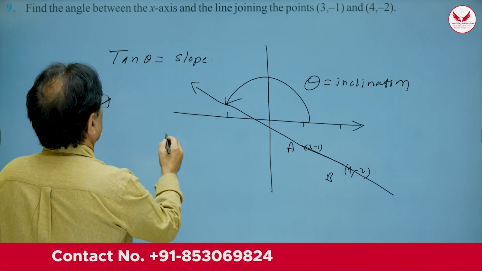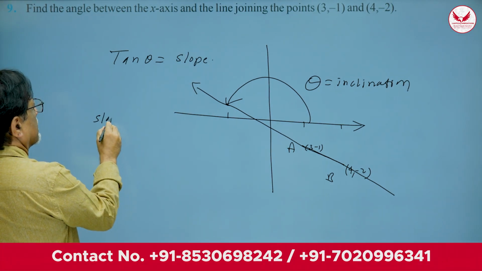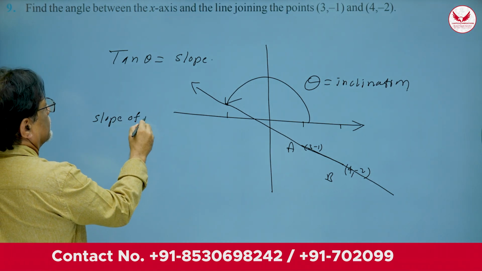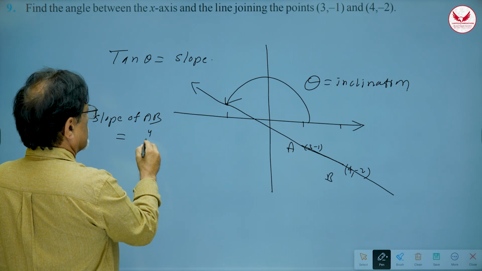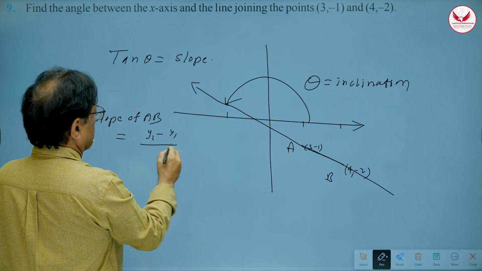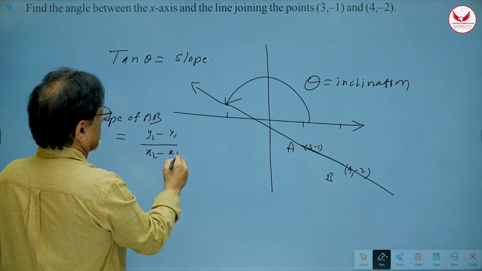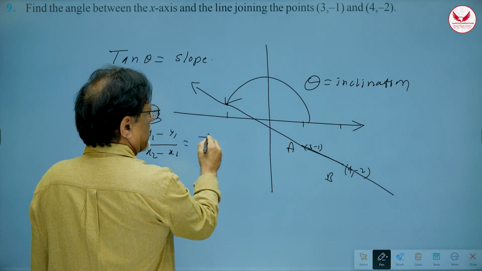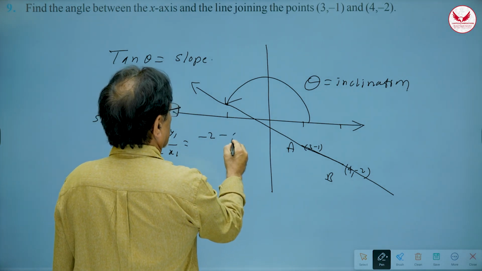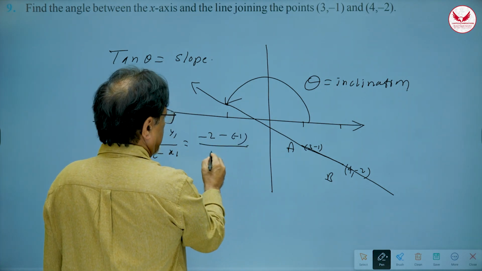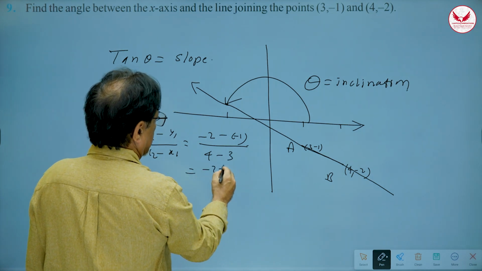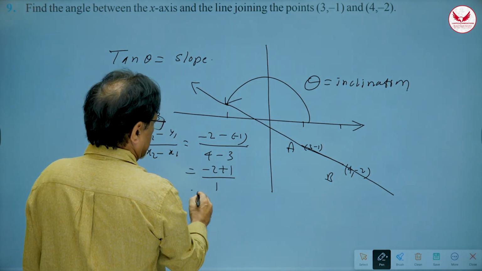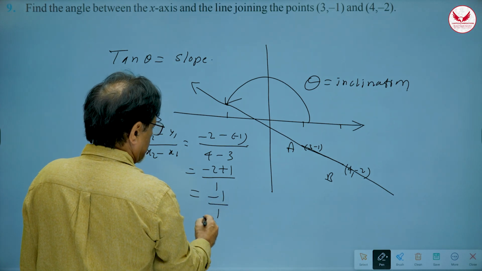Correct? So what is the slope of AB? I have a formula for that. The slope of AB is (y2 minus y1) upon (x2 minus x1). So y2 is -2 minus -1, divided by 4 minus 3. So therefore it is -2 plus 1 upon 1, which is -1 upon 1.